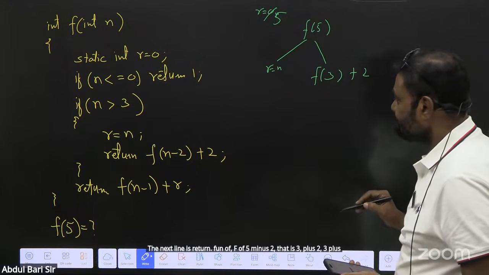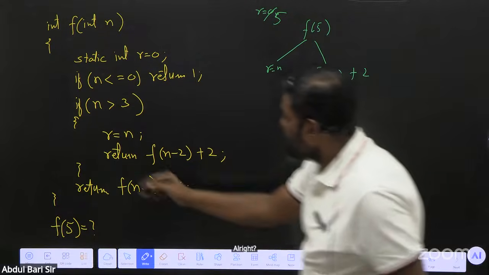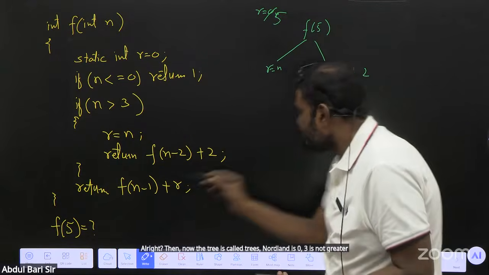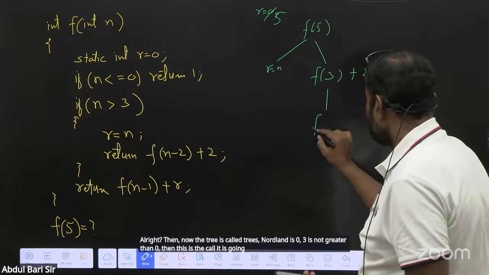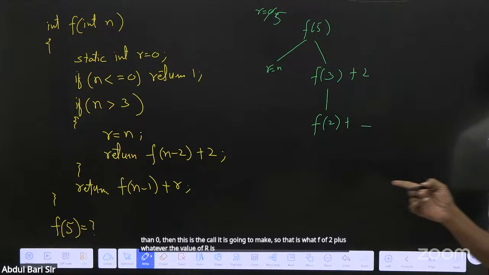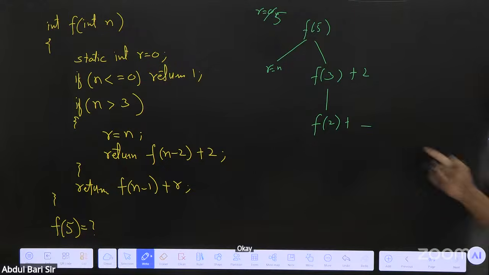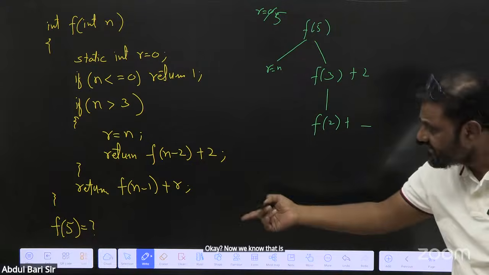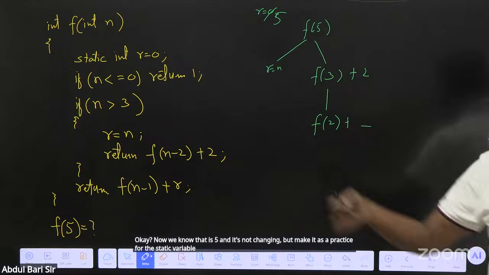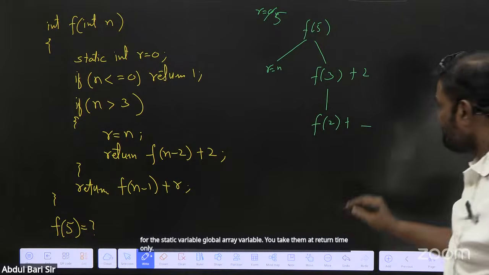Now 3 is called. 3 is not less than or equal to 0, and it is greater than 3? No. Then the call it is going to make is f of 2 plus whatever the value of r is. We will take it at the end. Now we know that r is 5 and it's not changing, but make it a practice for a static variable or global variable: you take them at return time only. That will be better.